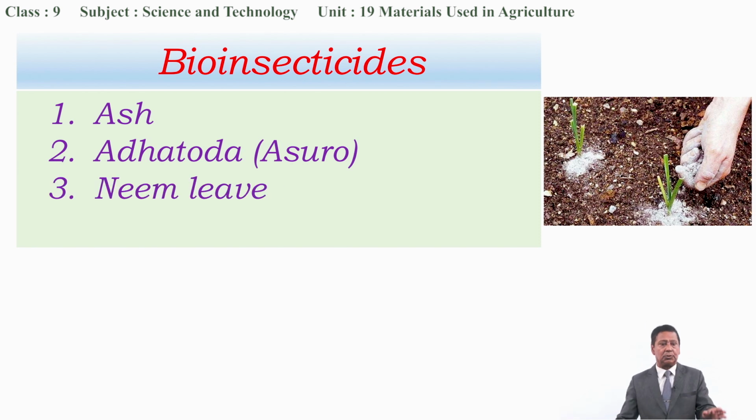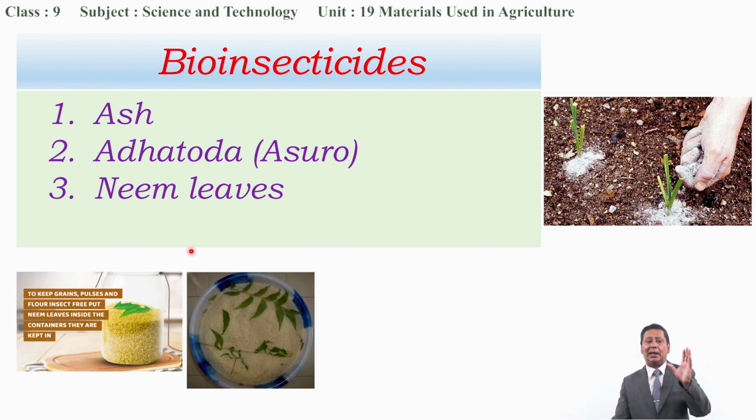And there is another also, neem leaves. These neem leaves act as bioinsecticides. We are using these neem leaves at home also. If we have a certain amount of grain, that can be taken in a plastic container or some metal container, and if a few neem leaves are placed over it and it is closed, then the growth of harmful insects is prevented.